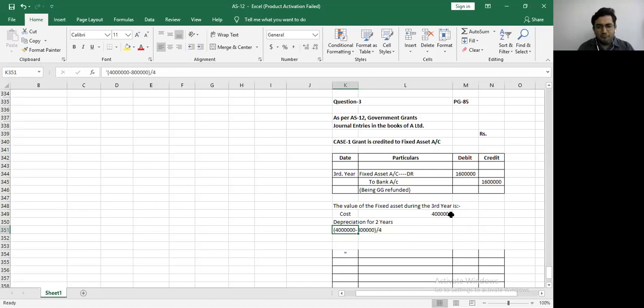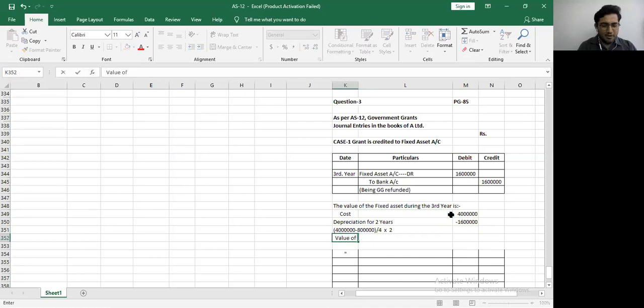But this is only for 1 year. I want to calculate for 2 years. So how much will be your total depreciation for 2 years? 16 lakhs. Okay.